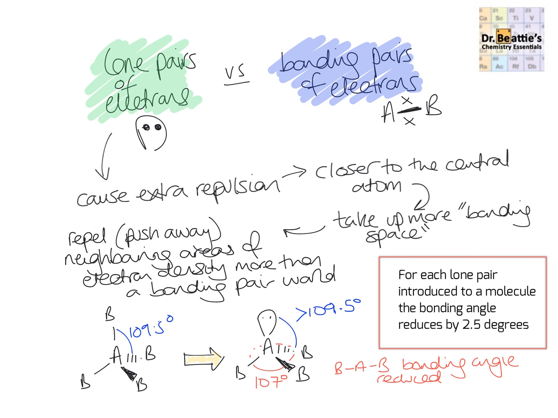So as you can see in this tetrahedral structure here, with the 4 areas of bonding electron density, the angle is 109.5. If we use this rule here, on introducing one lone pair to the molecule, we have decreased the 109.5, take away 2.5, we get 107 degrees as our bonding angle.